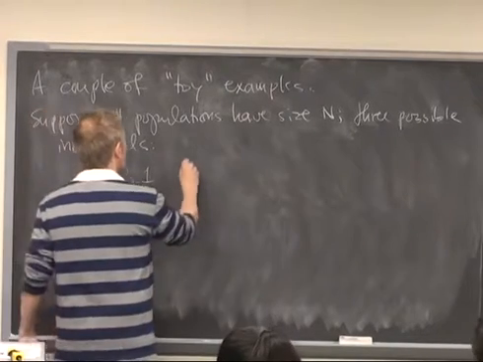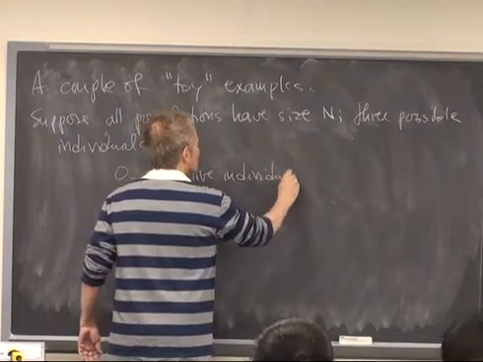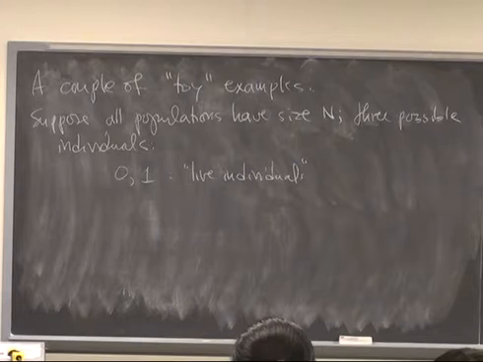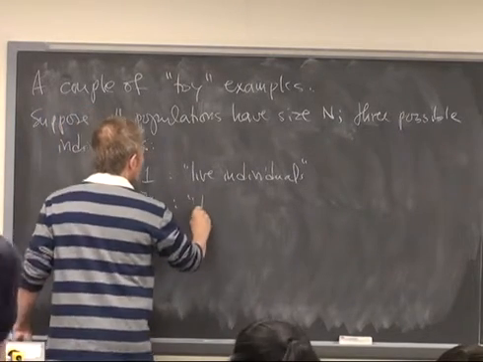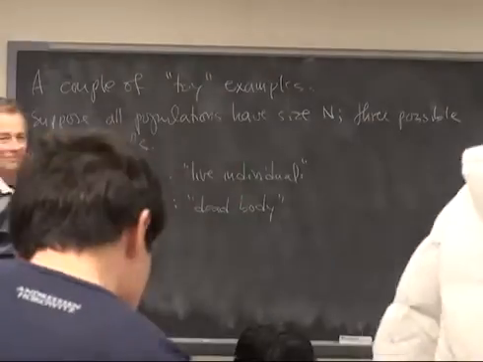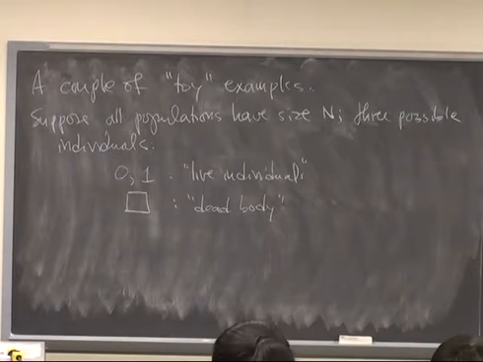And think of these as being, quote unquote, live individuals. And the reason I'm separating live from dead is that I want to keep the populations of size n. And a box, okay, that's a, quote unquote, dead body, so to speak. All right. So there's 3 possible individuals in these populations of size n.